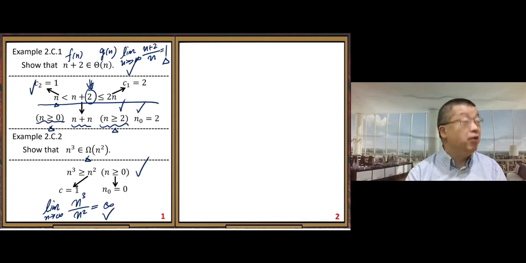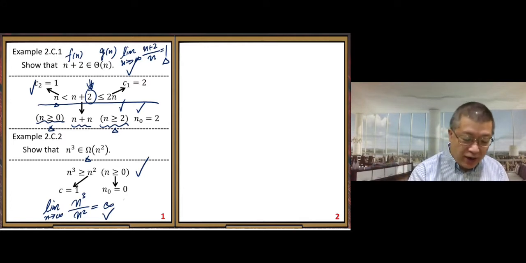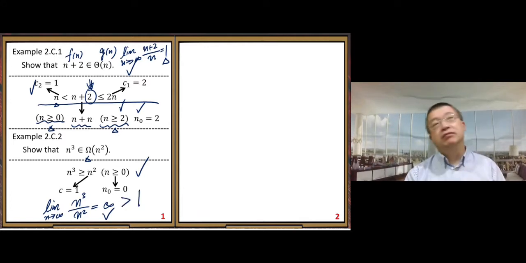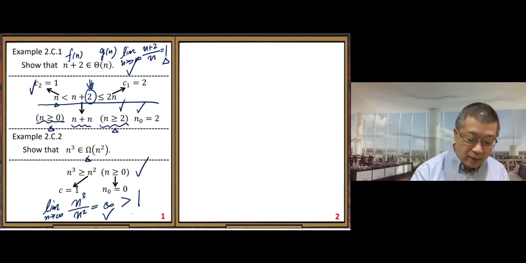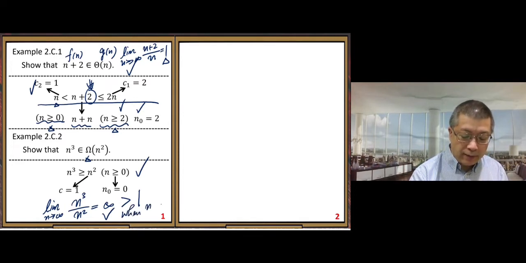How do we connect it to big omega? Because infinity is greater than any positive constant, greater than 1, you can even say greater than 100, when n is sufficiently large.